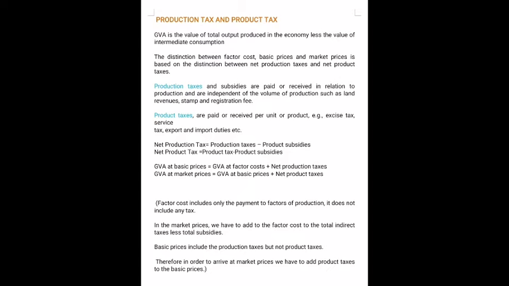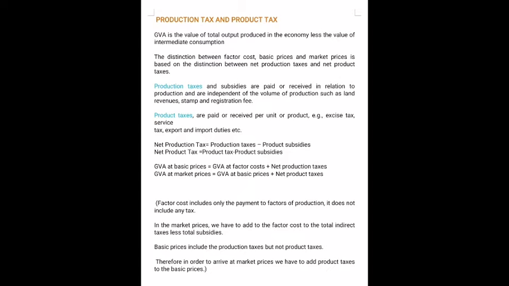Gross value added, GVA, is the value of total output produced in the economy less the value of intermediate consumption. What is intermediate consumption? That is the use of intermediate goods of a firm purchased from another firm for making a good.